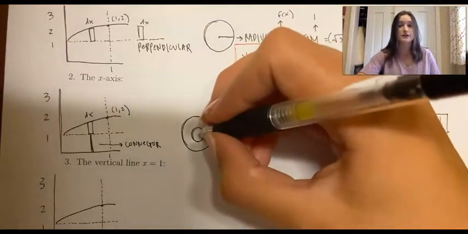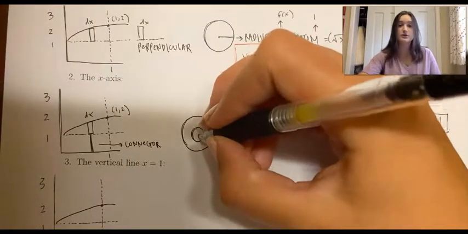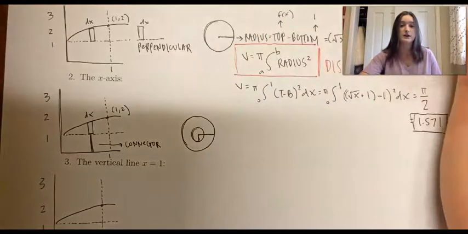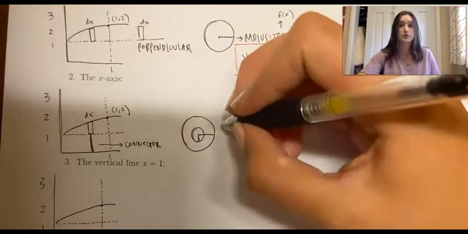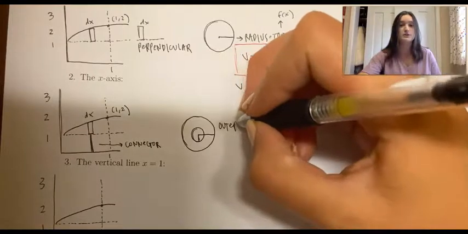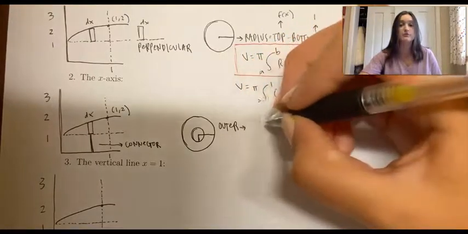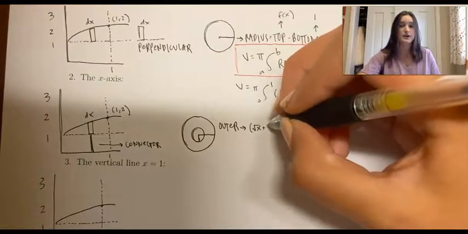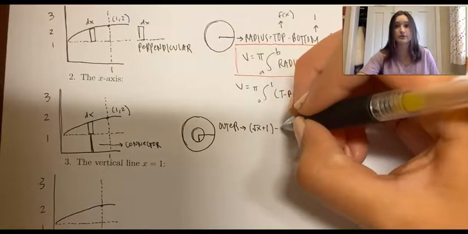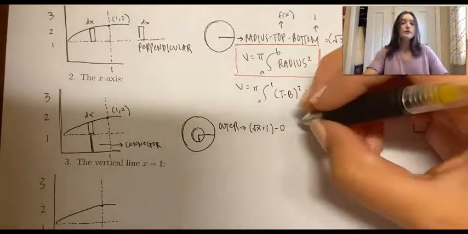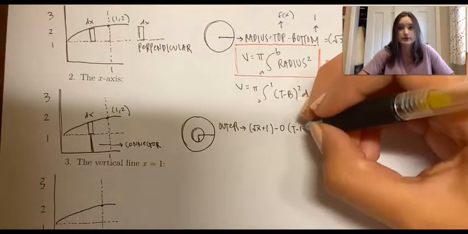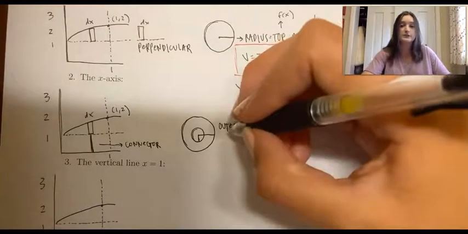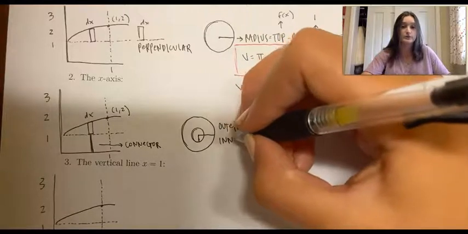And I have to find the radius of each one. So the first thing I'm going to do is find the radius of the whole thing, which just means the top minus bottom of both the box and the connector. So in this case, I'm calling it the outer circle, and then I'm going to call that smaller circle the inner circle. So the first thing I'm finding is the radius of the outer circle.